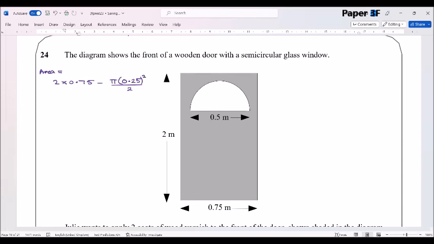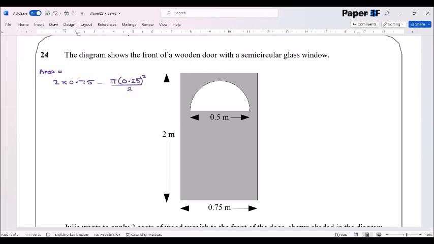Now, just getting that onto our calculator. So we've got 2 times 0.75 minus pi times, and we can type this in using the fraction key exactly as I've written it. So we can go pi, open brackets, 0.25 squared divided by 2. All fairly straightforward.